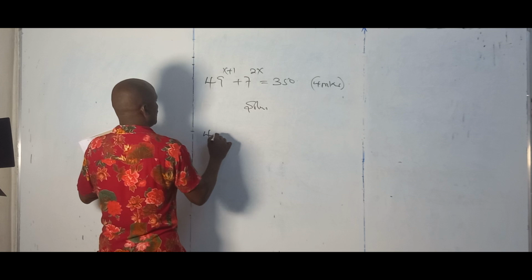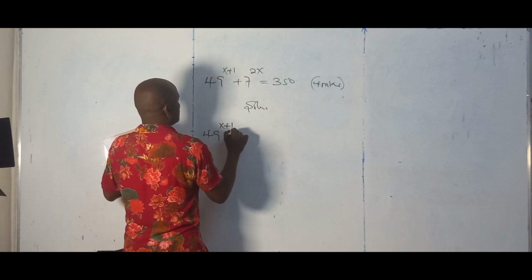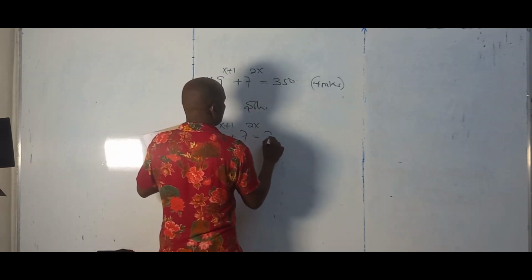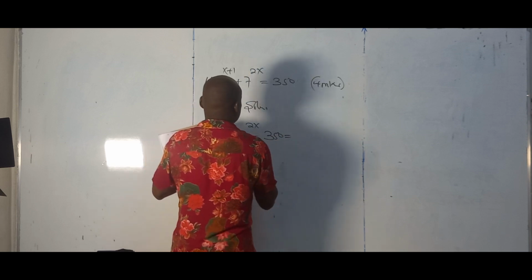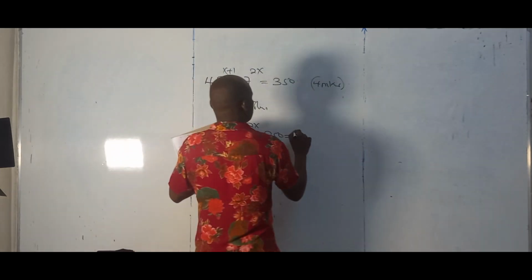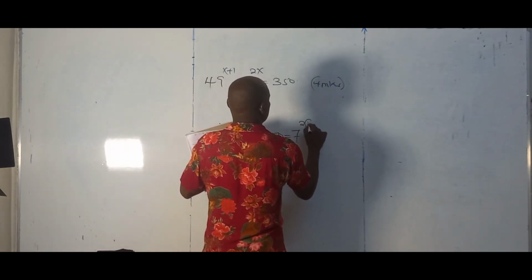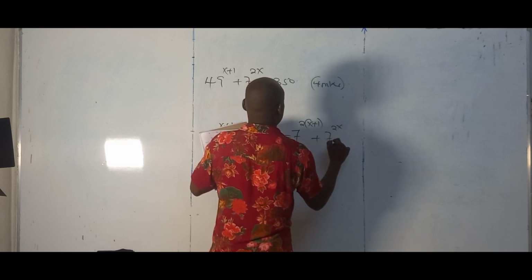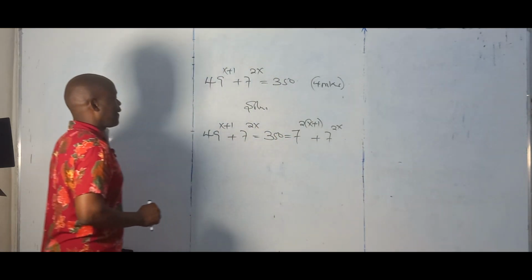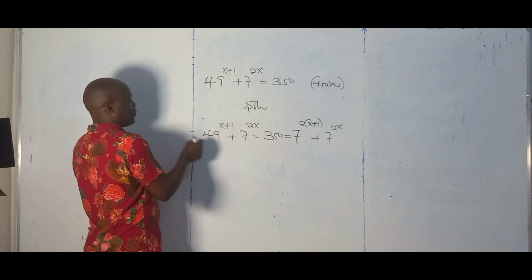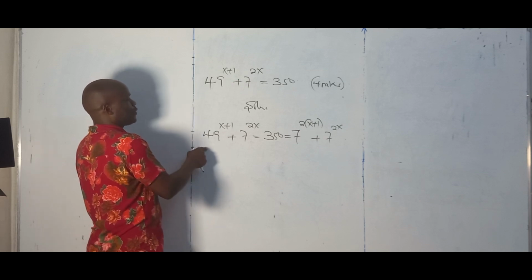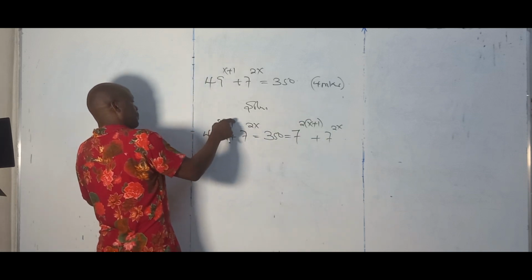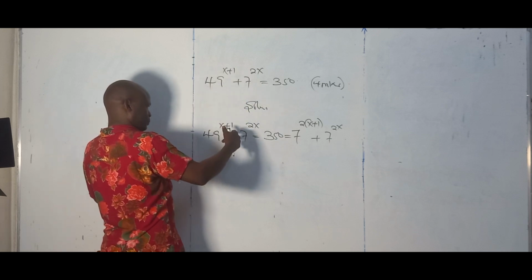So we have 49 raised to power x plus 1 plus 7 raised to power 2x is equal to 350, which can be rewritten as 7 squared raised to power x plus 1 plus 7 raised to power 2x. 7 squared is still 49, so the power has to be multiplied by 2.